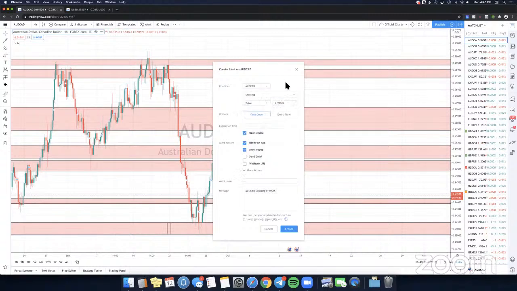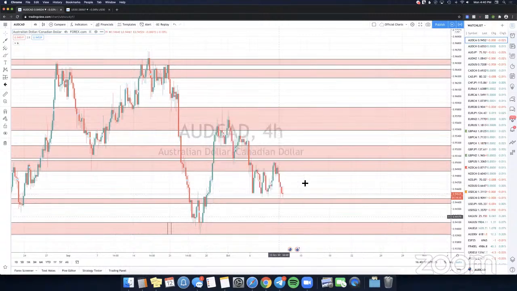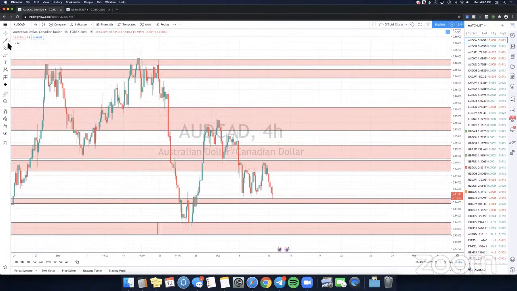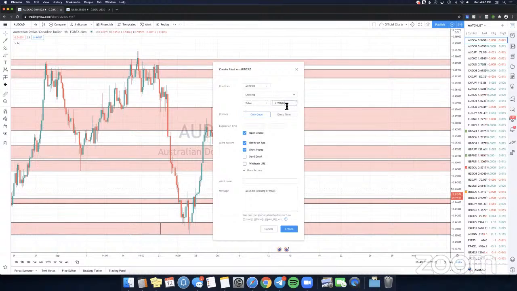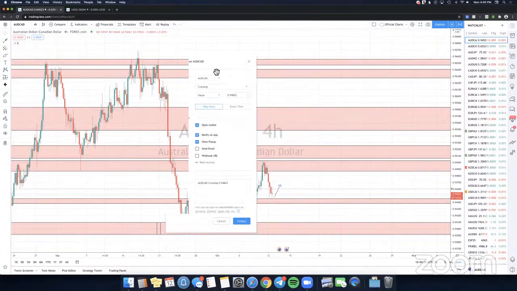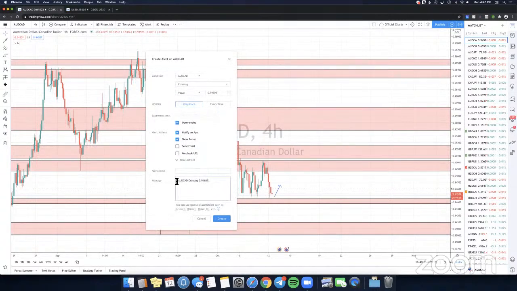Depending on what you're trying to do, if you want to be alerted if price was to swing upwards and then cross a certain area, you can just right click at that specific price, hit add alert, and you can change the value to whatever specific price you're looking for. And then once you have that, you can set the settings there.